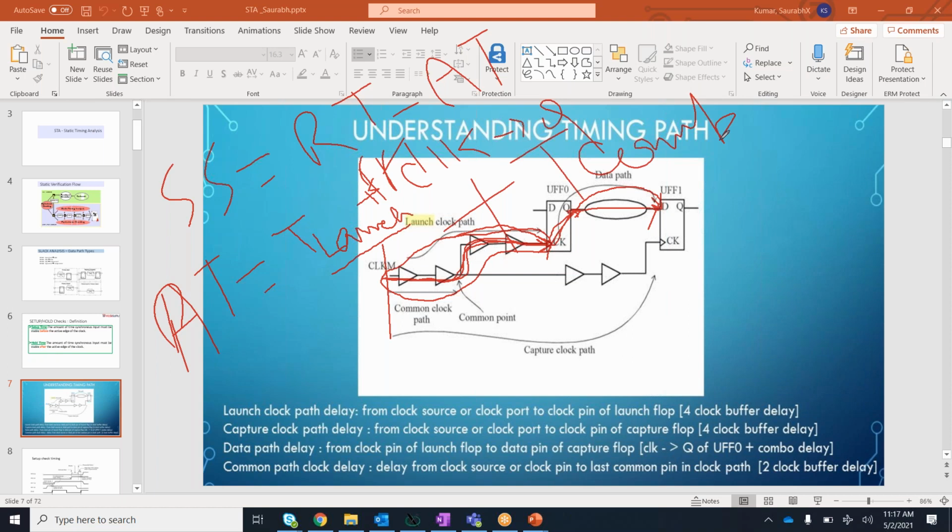What is T combinational? From the Q pin to the D pin of the capture flop, whatever delay we have associated with the logic gates and the net delay, we call it the T combinational delay. These three components will be a part of your arrival time. Correct?